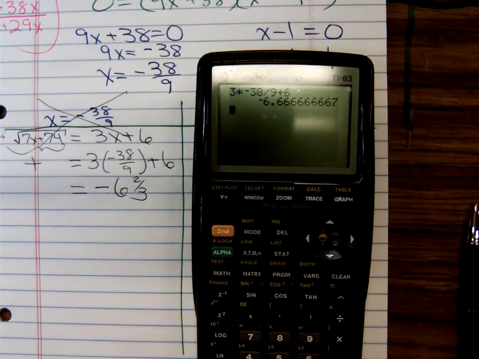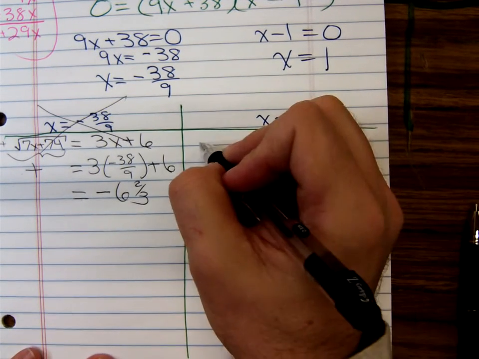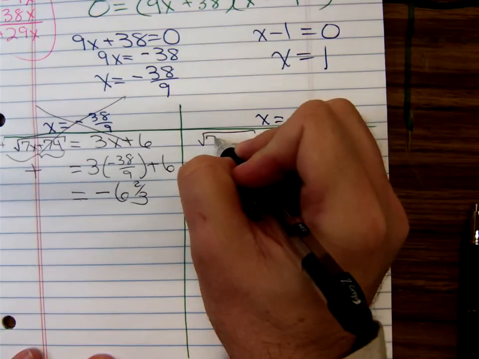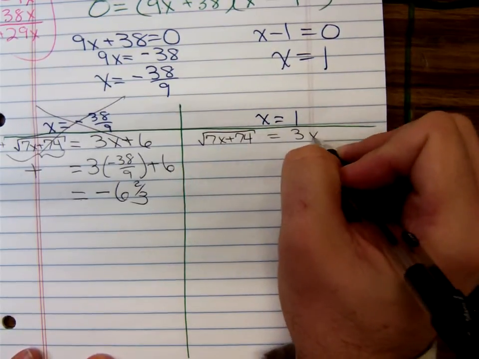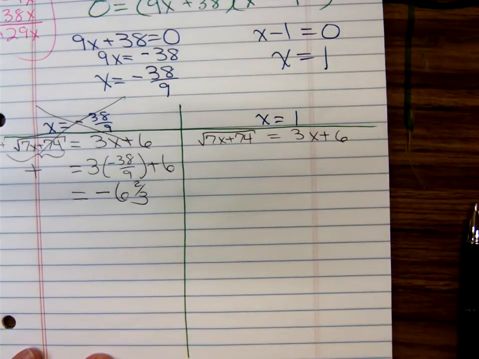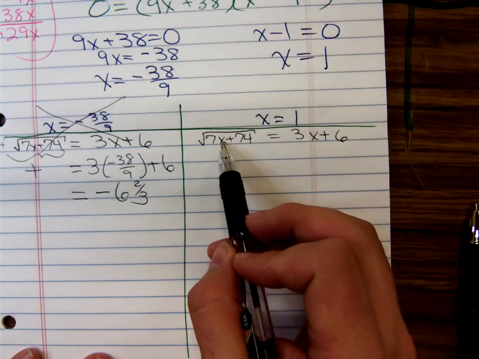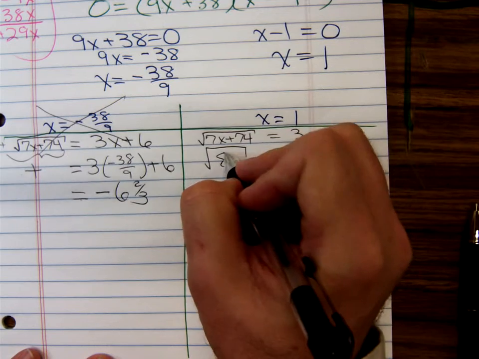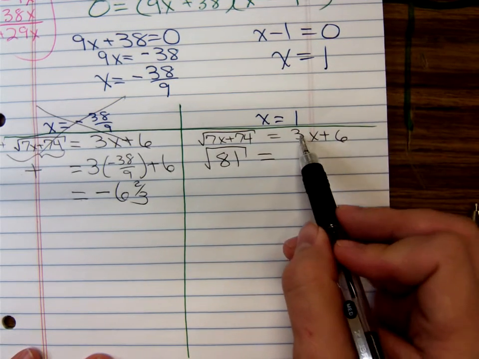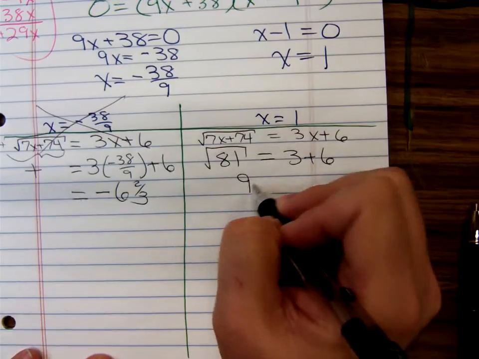Now the right side. We're plugging it into the square root of 7x plus 74 is equal to 3x plus 6. Oh, this one's going to be an easy one to check. Plugging in 1, 7 times 1 is 7, plus 74. That gives me the square root of 81 is equal to 3 times 1 is 3 plus 6. 9 equals 9.